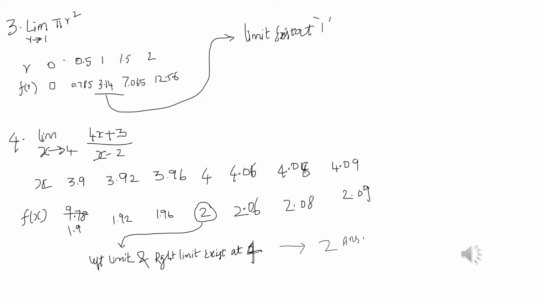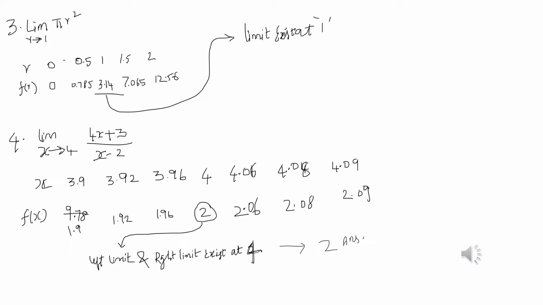When we substitute the r values for the corresponding f of r, we can find some values. When r approaches 1, f of r would be 3.14, which falls between 0.7 and 7.06. So the limit exists at 1.